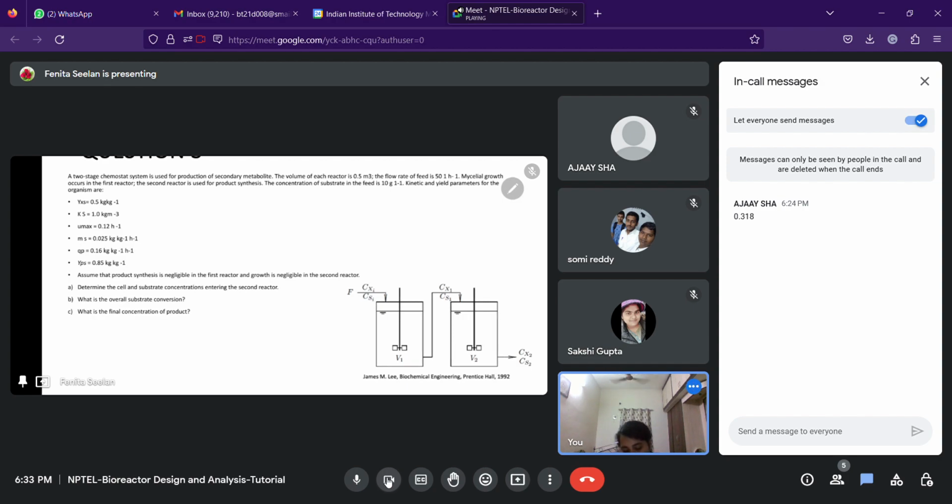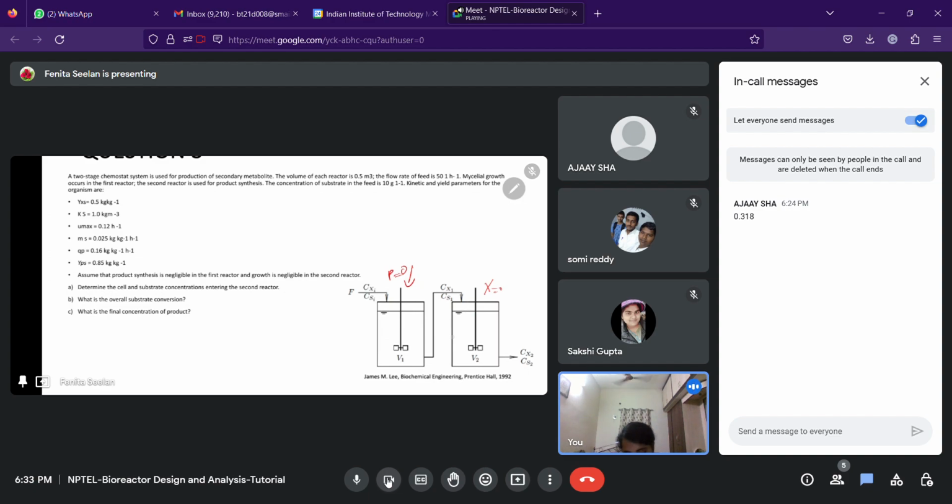So here product is negligible means P will be 0 in the first reactor, and in the second reactor the growth is negligible. With these given statements, we have to determine the cell and the substrate concentration entering the second reactor.